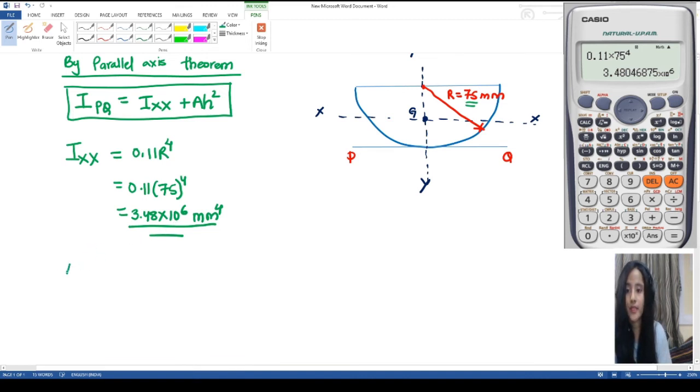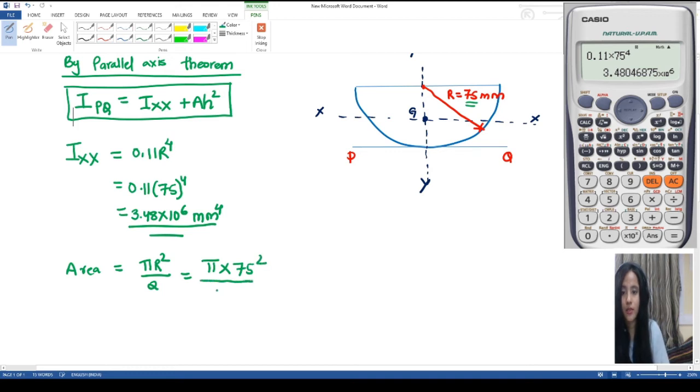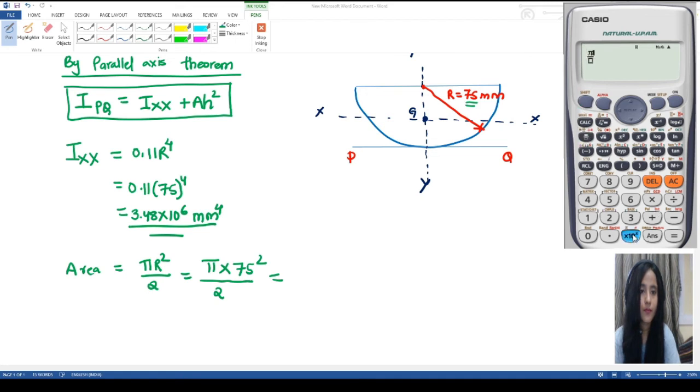Now we need to find area of a semicircular section, which will be equal to pi r square by 2. So here again, pi into radius 75 square by 2.